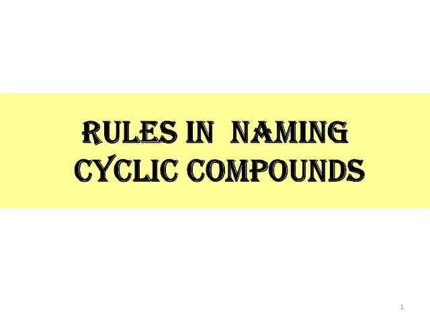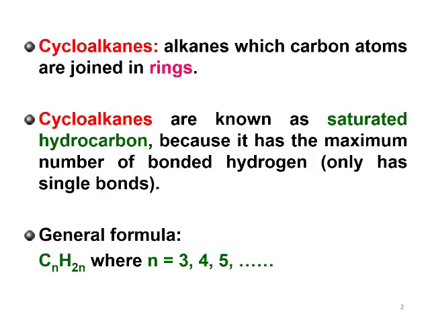Now, let's study the rules in naming cyclic compounds. Cycloalkanes are alkanes whose carbon atoms are joined in rings. They are also known as saturated hydrocarbons, and the general formula is CnH2n, where n equals 3, 4, 5, and so on.